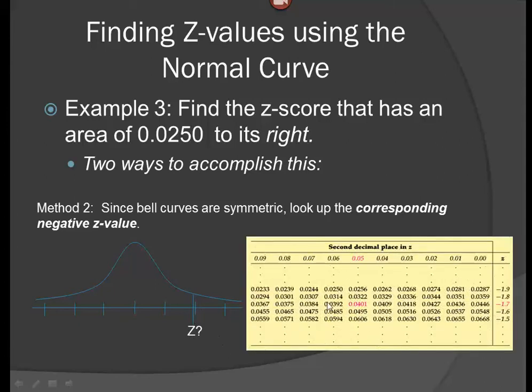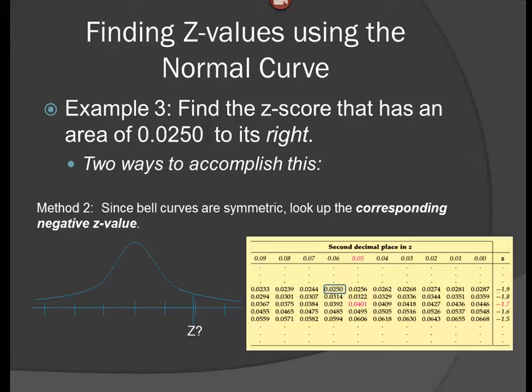But if I know that 2.5% or 0.025 is what I'm after, I can look for that here in my z-table, and we can see here that 0.0250 is the area that I'm really after, and it corresponds with negative 1.96, the same value that we found earlier, except it's negative.